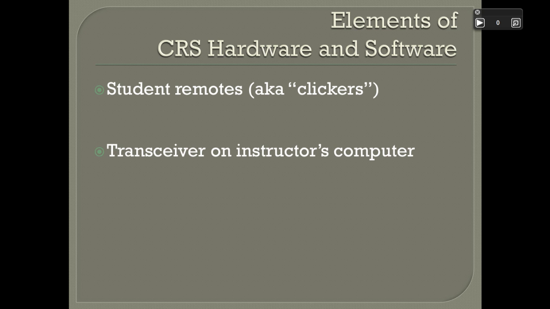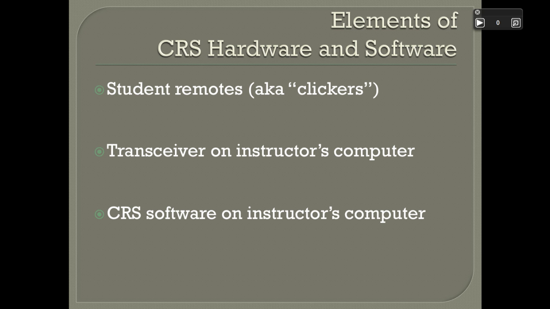An instructor using clickers, or CRS, must arrange to have the appropriate hardware and software in the classroom. This involves student clickers, a transceiver on the instructor's computer for communicating with the clickers, and CRS software on the instructor's computer for running everything.